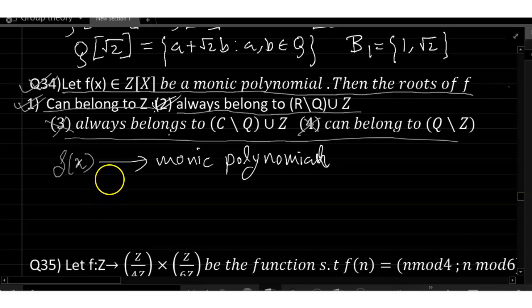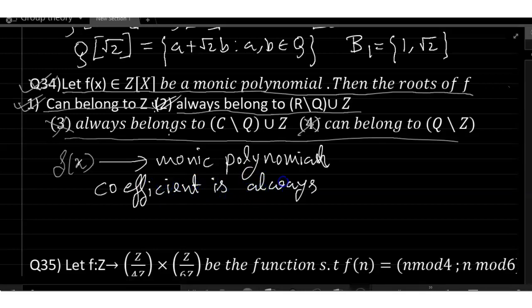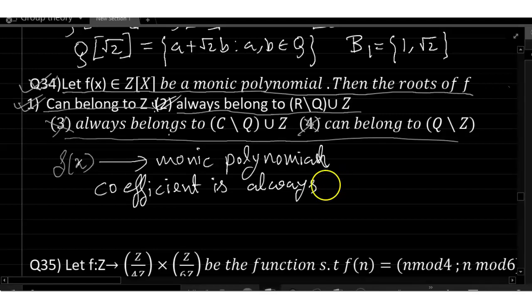Coefficient of fx. So a monic polynomial coefficient is always integer.